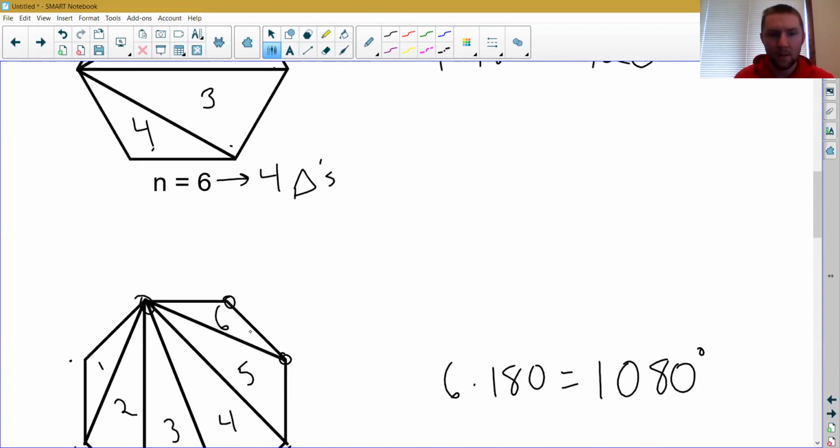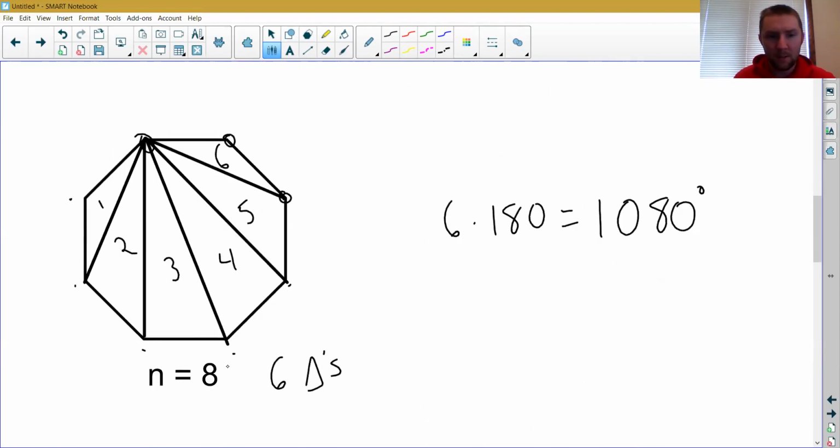And when I had an 8-sided shape, that turned into 6 triangles. So the pattern here, what we should notice, is the number of sides minus 2 is how many triangles we can create by drawing diagonals from the same corner. Okay, the number of sides minus 2.